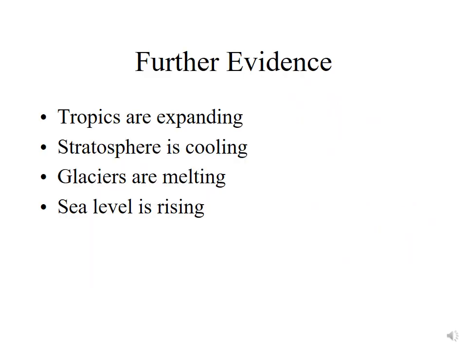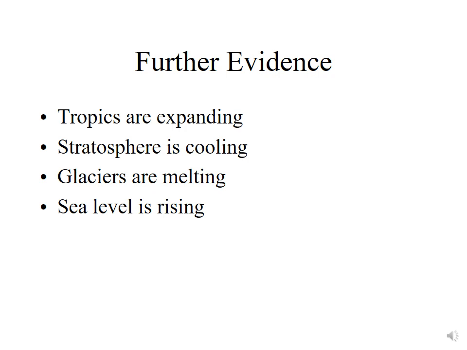So what evidence do we have that the climate is changing and that the atmosphere is warming? Well, we have noticed that the tropics are expanding. Remember when I said that the meteorological definition of the tropics was about 30 degrees north and 30 degrees south, because that's where we had the transition from the easterly trade winds to the westerlies?